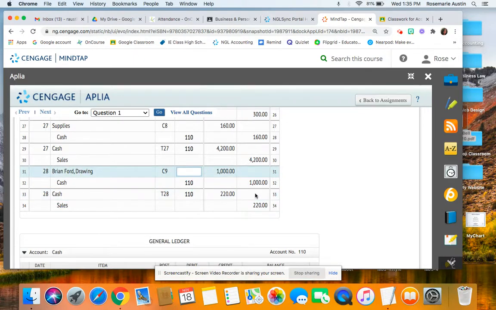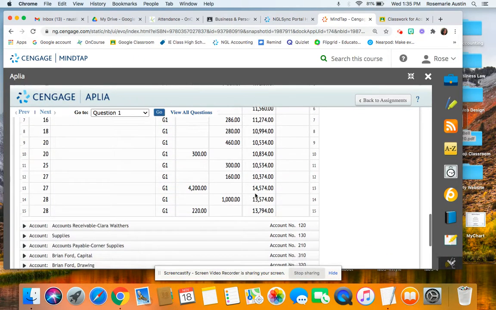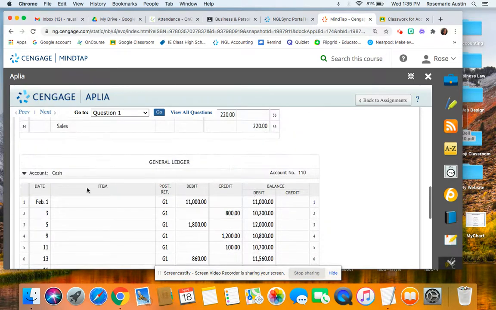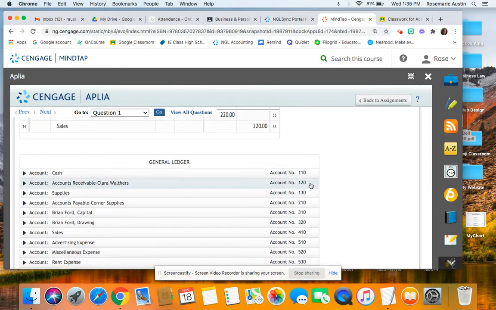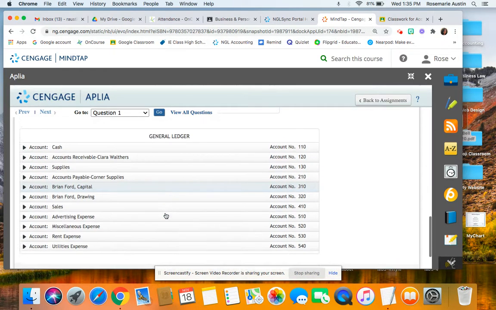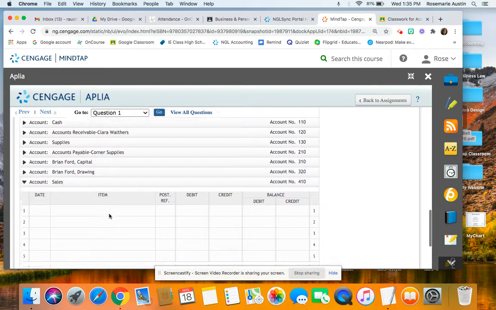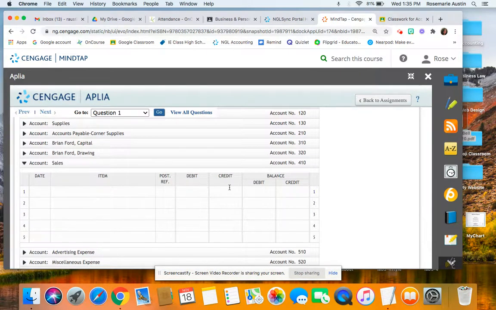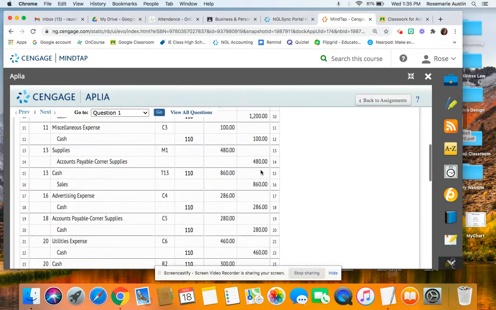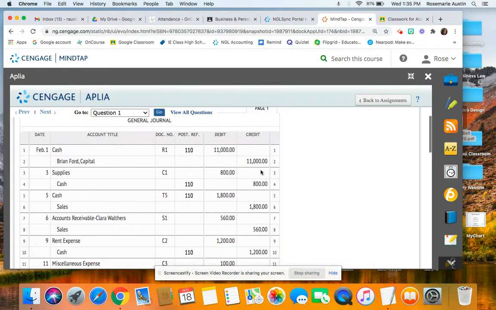So that one's finished. I'm going to close this cash account since that one's posted. Let's do sales, because sales is 1, 2, 3, 4, 5 transactions. So let's do the sales account, and then we'll call it a day.